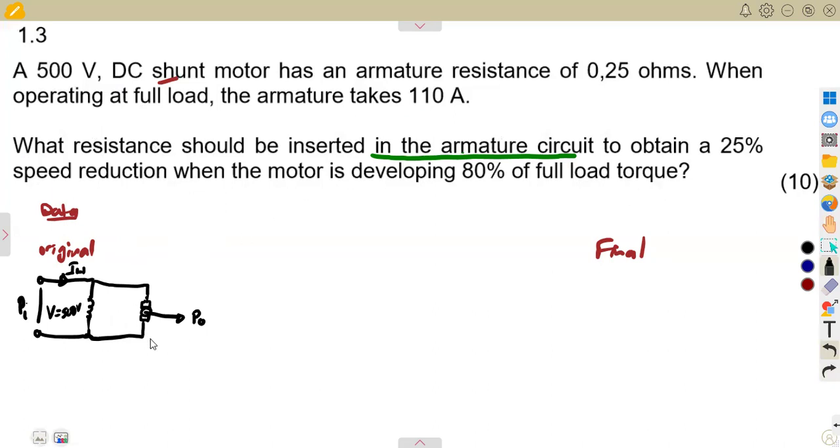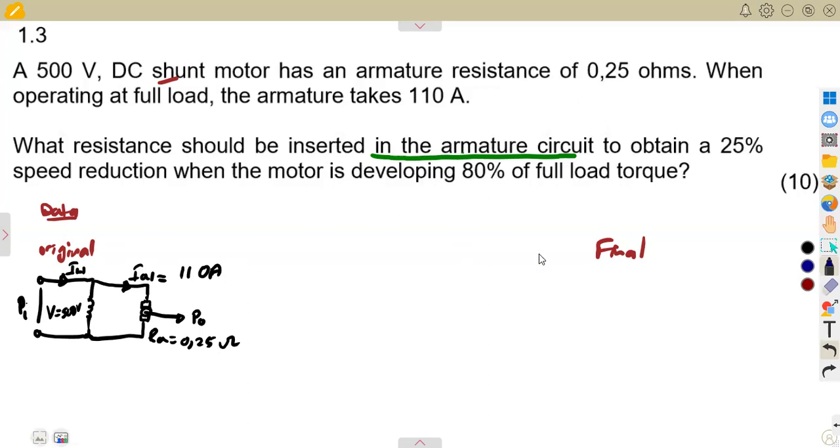We also have the armature resistance of 0.25, and the armature current, the armature takes 110 amps. So we are only given these. That is the only information that you have for now.